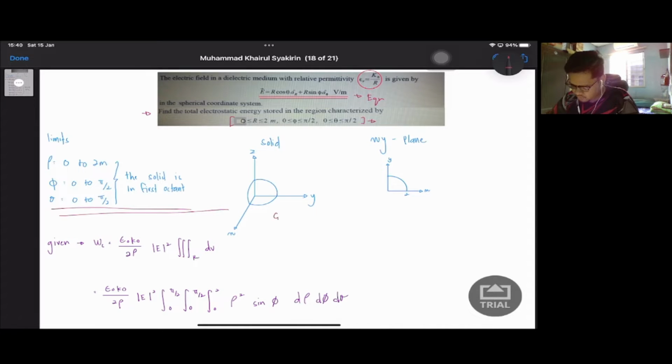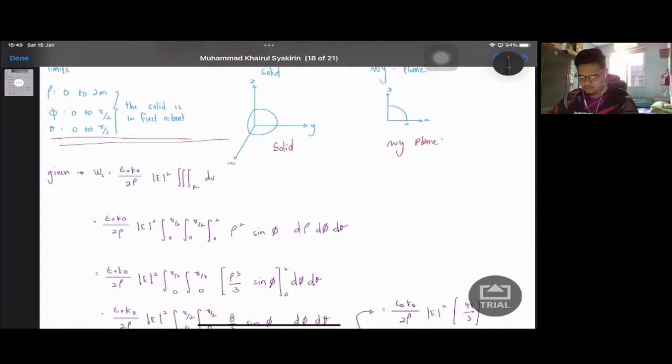Here I sketch the solid, and here the xy plane region with a quarter of a sphere in the first octant and the radius 2, because we state here that rho is from 0 to 2.